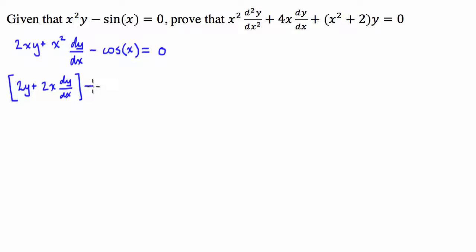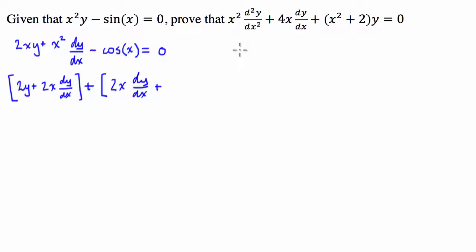So we're going to add this, and we're going to use the product rule again. We have the derivative of the front, which is 2x, and we're going to leave the back constant, so it's just times dy dx.